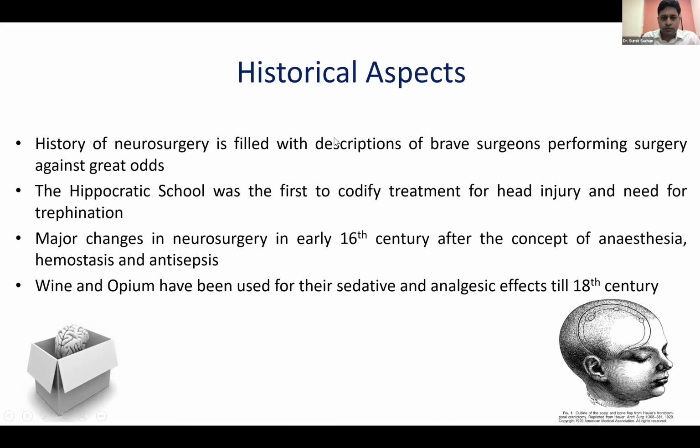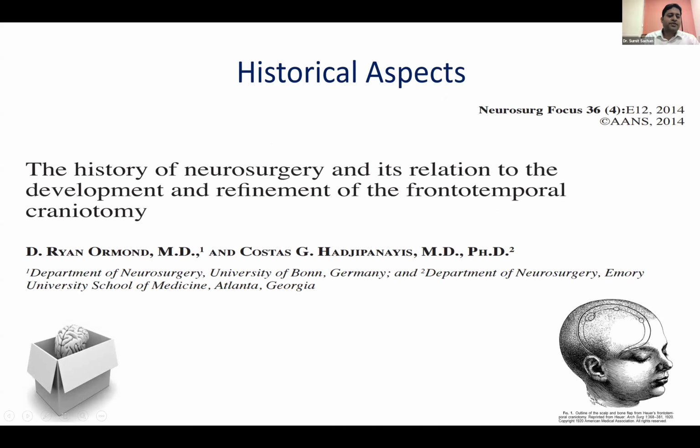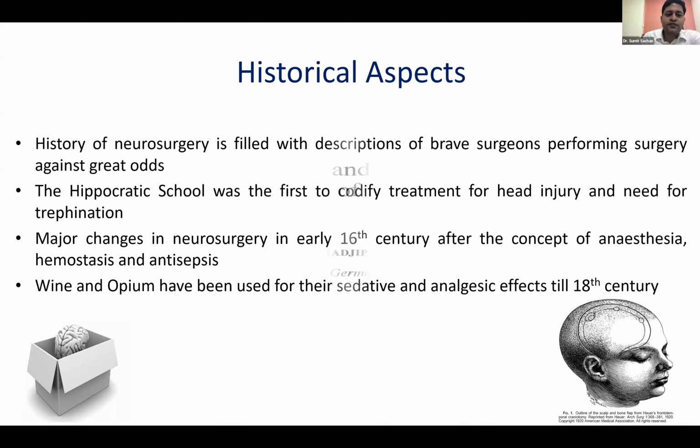So, Sir Ryan Ormond, in his article, The History of Neurosurgery and Its Evolution, published in Neurosurgery Focus, mainly talked about how the history of neurosurgery has evolved, and he described some of the brave surgeons who performed surgeries against great odds.